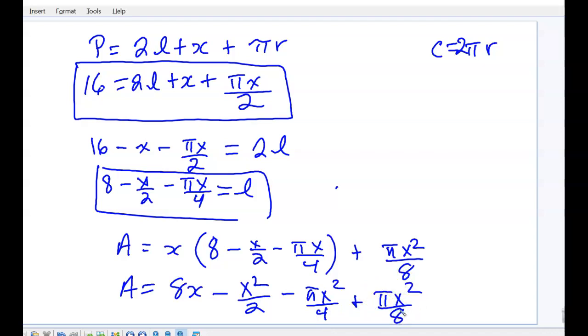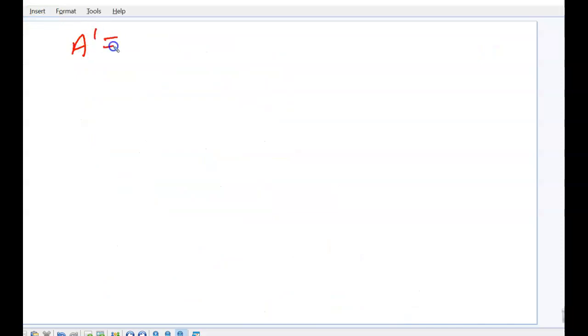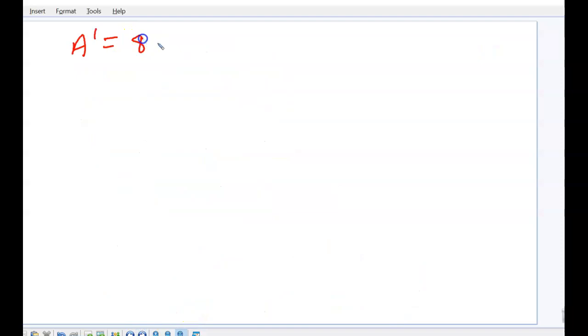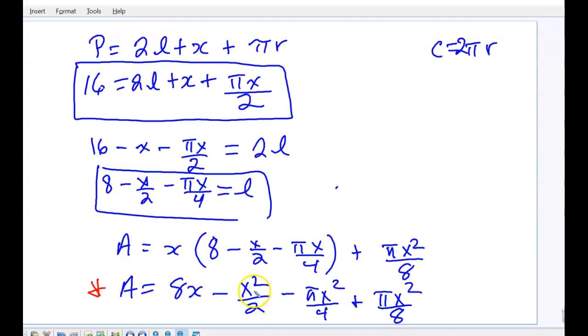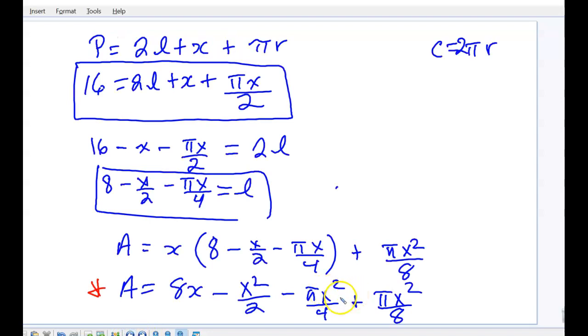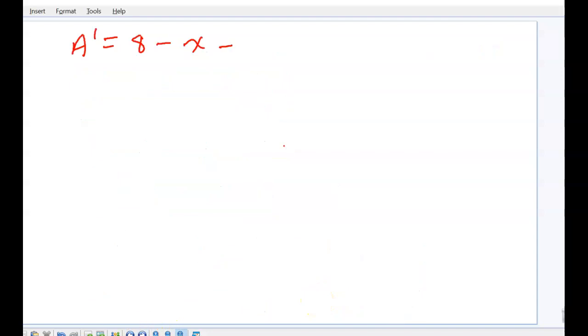Okay, so now I could take my derivative at this point right here. So A prime is going to equal the derivative of 8x, which is 8, minus the derivative of x squared over 2, which is simply going to be x, minus the derivative of pi x squared over 4, if I bring the 2 out front, is going to be 2 pi x over 4.